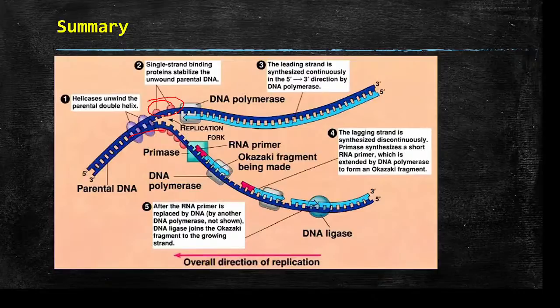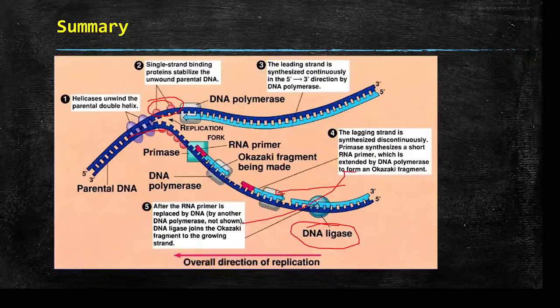Then the leading strand will undergo continuous addition of nucleotide bases, so that is continuous replication. Then the lagging strand: the fragments of DNA to be added to the lagging strand are called Okazaki fragments. They are added and then joined by the DNA ligase enzyme.